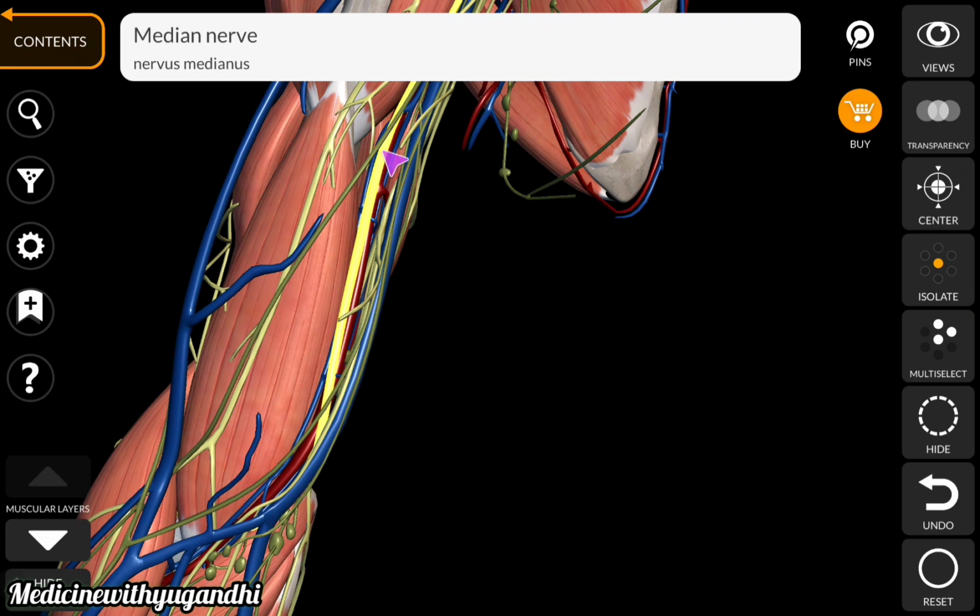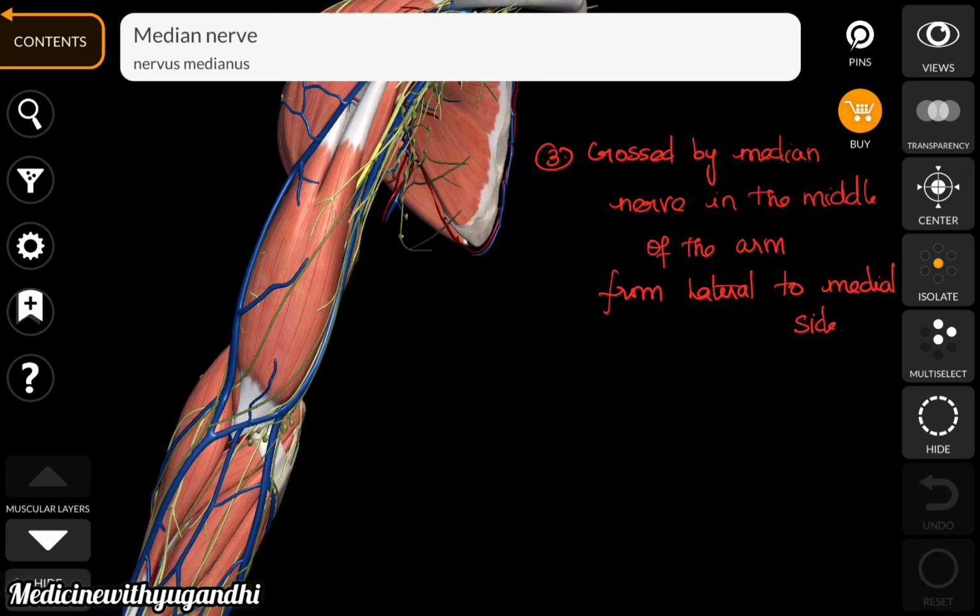First it lies on the lateral side of the brachial artery. Again I am repeating, in the middle of the arm, the brachial artery is crossed by the median nerve from the lateral side to the medial side.